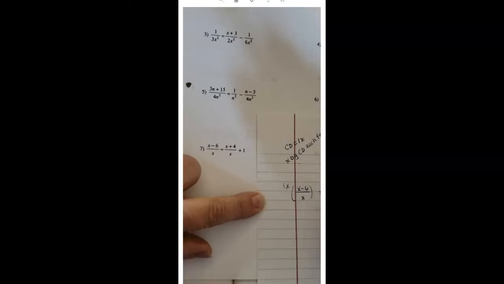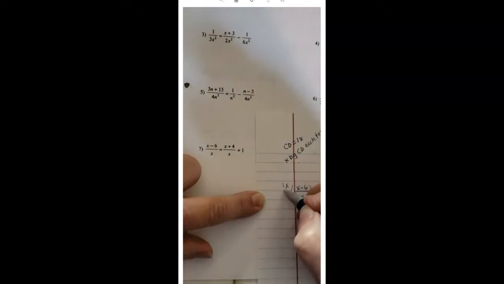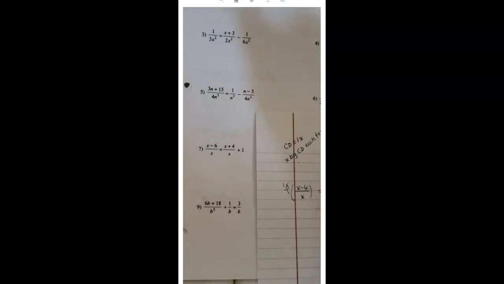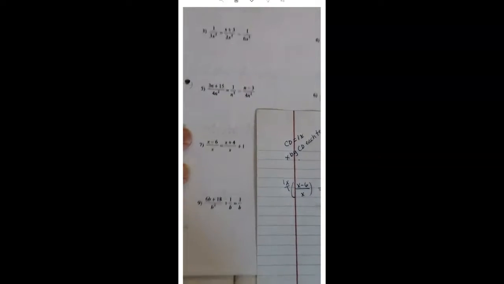I'm going to take x plus 4 over x, and multiply that by the common denominator. And then I'm going to take plus a 1, which is 1 over 1, and multiply that by the common denominator. Now I'm making that a common denominator over 1 just so that we can see what's going on with that. So that problem then turns into this one.